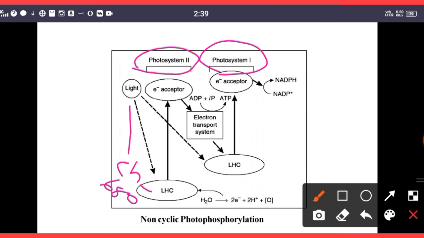When it is exposed to light, electrons are released. These electrons pass to different electron acceptors like plastoquinone, cytochrome b, f, c, and finally the electrons pass to the light harvesting complex of photosystem 1.